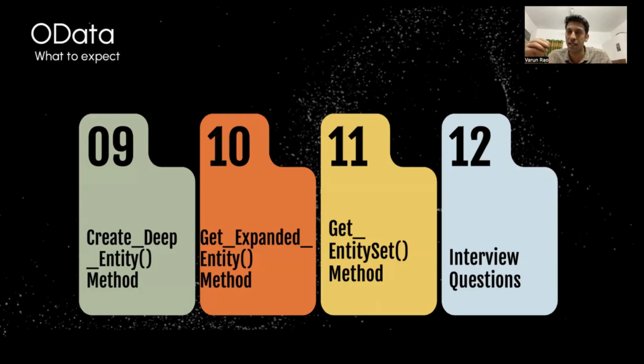You have multiple children for a parent. So you would be able to work on such operations when we look at create deep entity, or get expanded entity, or get entity set method. Once we are done with all of these, we'll look at some more interview questions which are related to today's world. And yeah, this is what we would be looking at during this course, right?